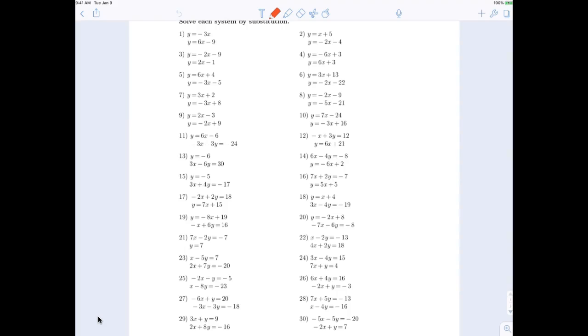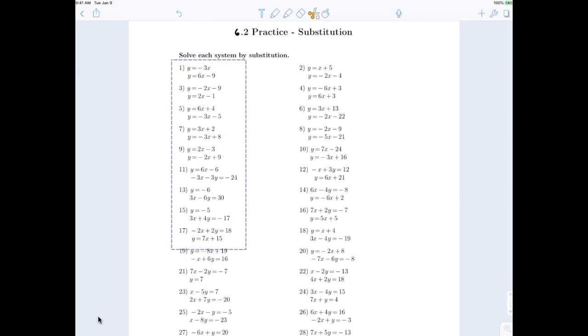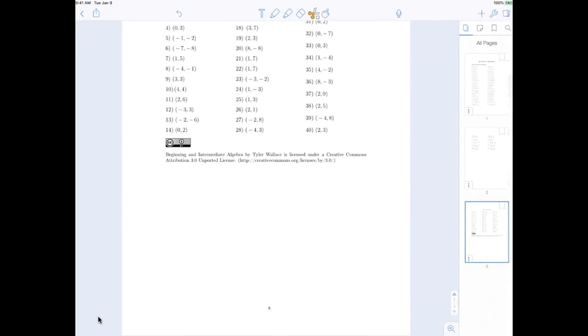I'm going to try to get through all of them, but I'm not 100% sure. So what I want everybody to do is open this up, and I'm going to do the odds with you guys and try to show you how it is relatively easy, but there is a lot to do.